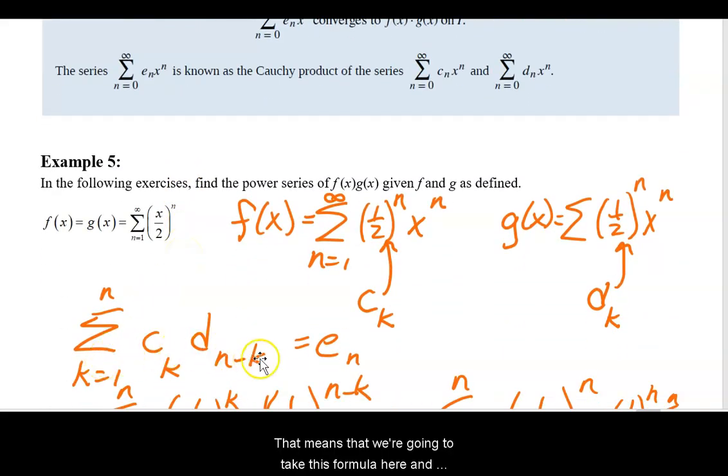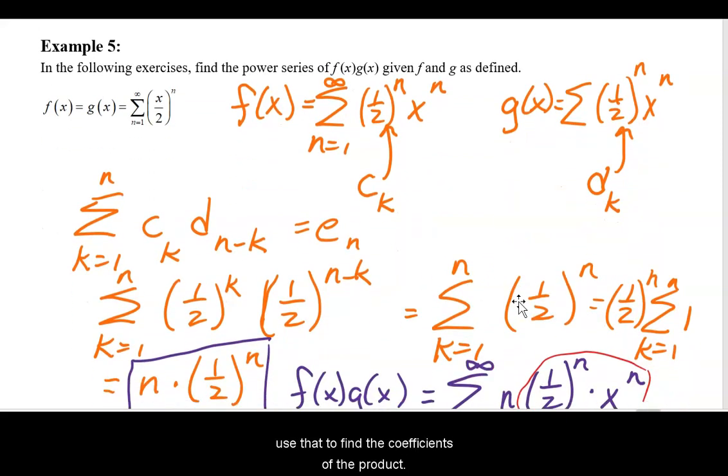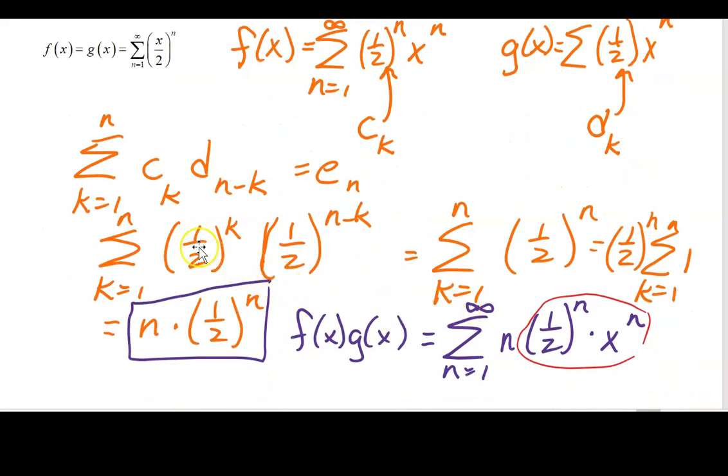That means that we're going to take this formula here and use that to find the coefficients of the product. I can replace c sub k with 1/2 to the k and d sub n minus k with 1/2 to the n minus k. Because these were identical, the bases are the same, both 1/2. That lets me add their powers of k plus n minus k, which just gives me the nth power. This gives me the sum from k equal 1 to n times 1/2 to the n.